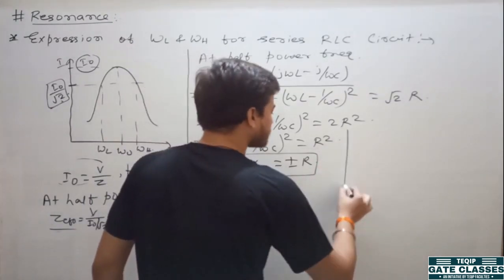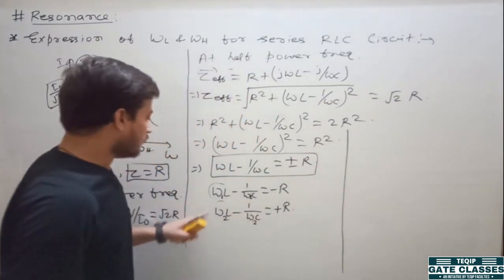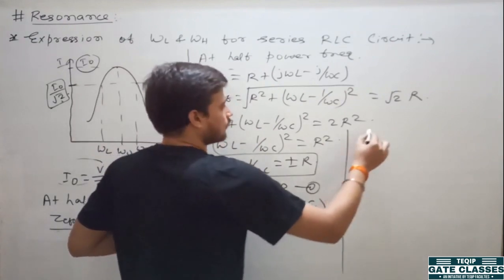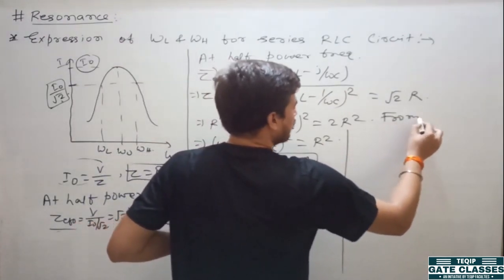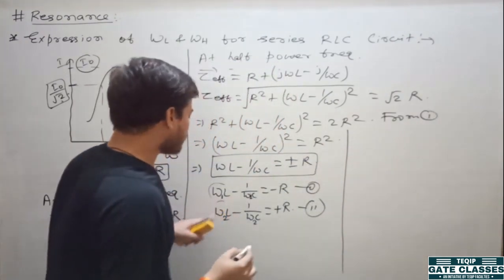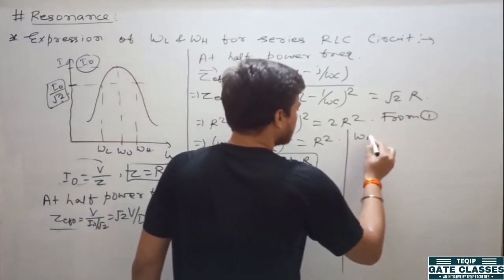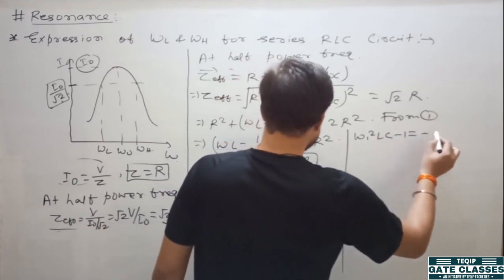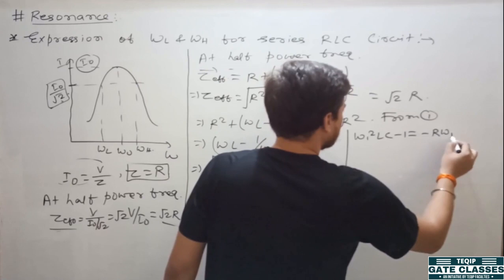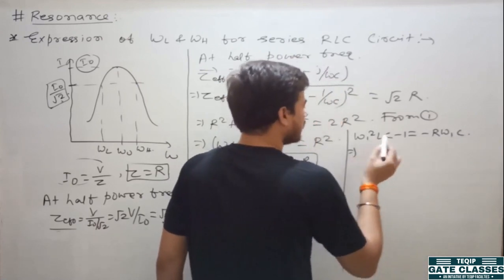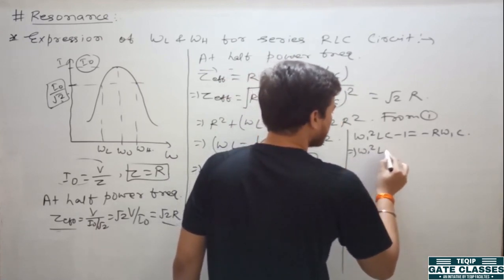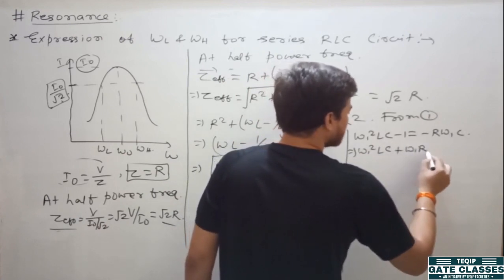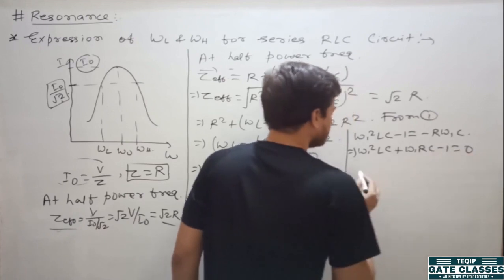So now we have to write the expression for omega 1. How will you write it? See, from equation 1 you will write omega 1 square into LC minus 1 equal to minus R omega 1 C. So from here you will write omega 1 square LC plus omega 1 RC minus 1 will be equal to 0.